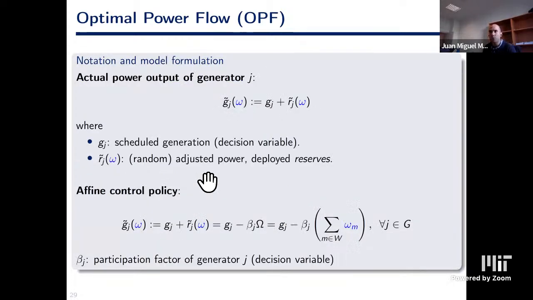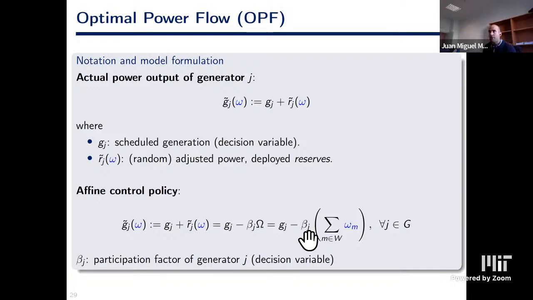Similarly, the power output of a generator G will be given as the sum of the power dispatch Gj that we saw also in the other example, plus the deployed reserves, which is a random variable, because it is contingent on the wind power forecast error omega. As is customary, we are going to assume an affine control policy whereby each generator contributes linearly to accommodate the system-wide wind power forecast error through the participation factor Bj.